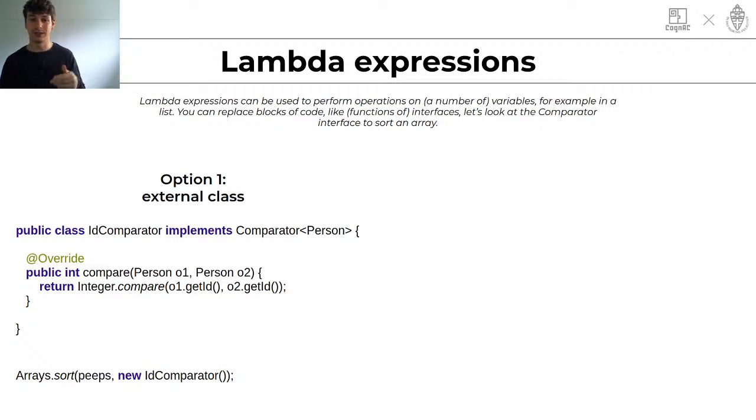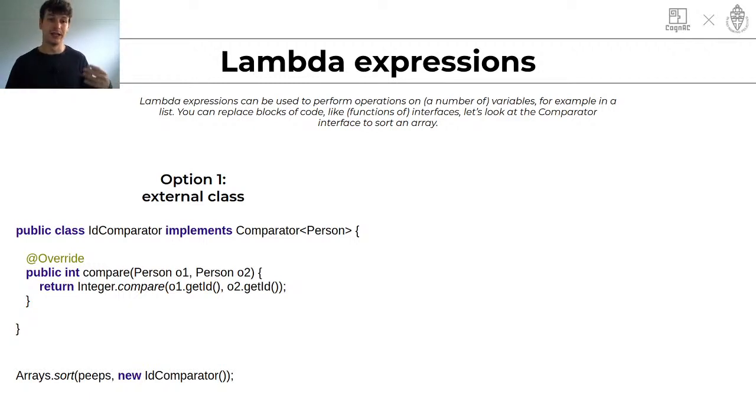Why 2 persons? Well, because it's not in the class Person itself, so it needs to get both persons. And now you can say, for example, return Integer.compare(o1.getID(), o2.getID()), basically saying, okay, we want to sort based on ID this time. And what we can now do is in the sort method, we can pass in the Comparator, basically saying, okay, now I want you to sort based on ID.